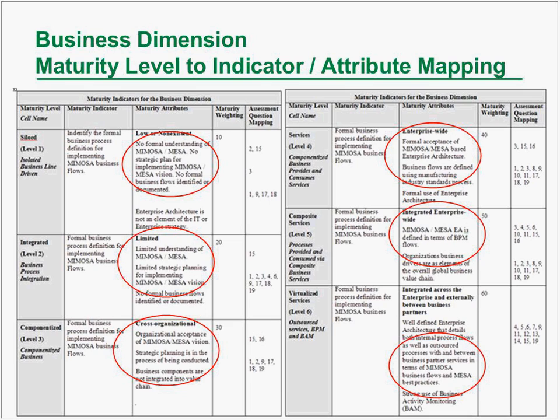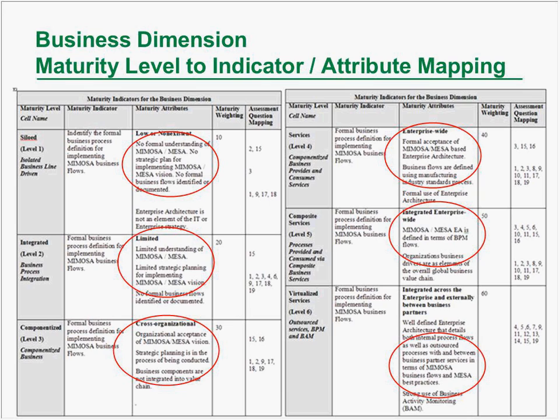Here, for example, if we look at, let's see, componentized at level 3, the indicator is formal business process definition for implementing remote business flows, right?